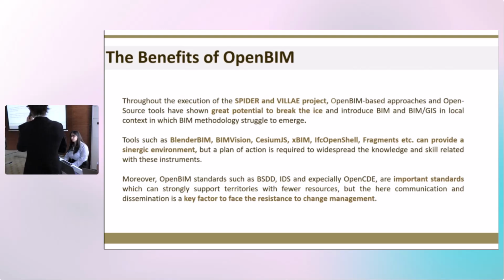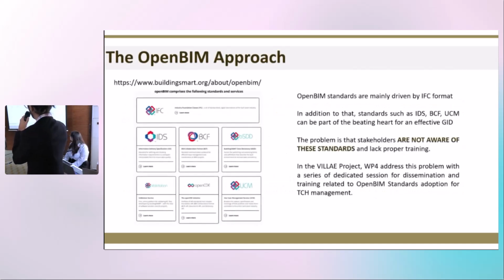And along with the BIM, we would like to use the buildingSMART openBIM standards, because we were talking now only about the part about geometries and managing of data on a web platform. We also have the use case management, BSDD, BCF, which we still try to promote to our local context, but we have found a very high resistance to change management, and in particular the difficulty in keeping up with all these new standards that every year adds upon that.